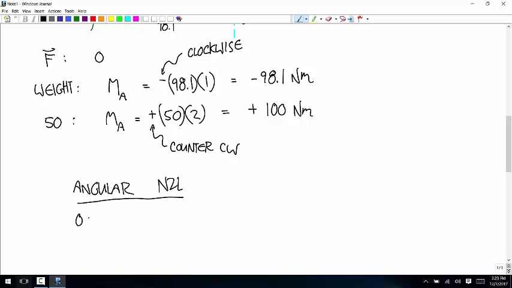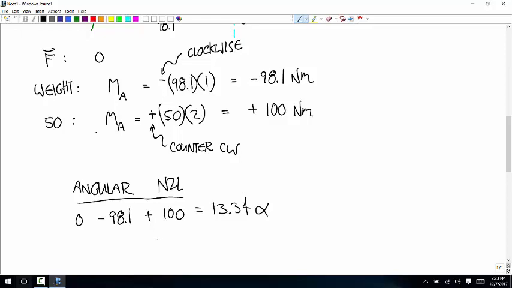So we have 0 minus 98.1 plus 100 is equal to, what was it, 33.34? 13.34 times alpha.